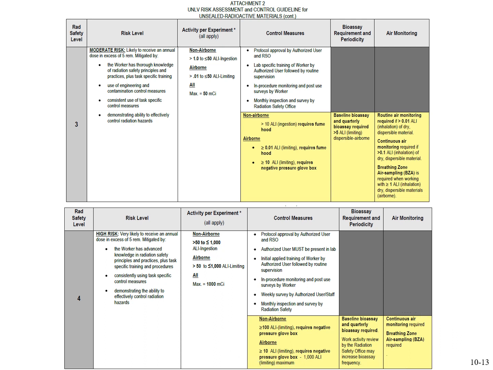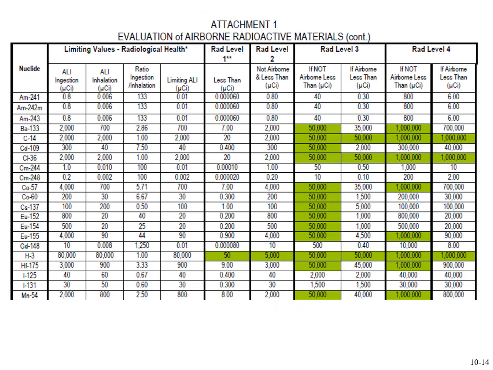So all this data is available, and one can use it to determine the risk levels or rad safety level for the experiment one is interested in performing. Data is also shown here for radionuclides that we frequently work with: the ALI ingestion level, ALI inhalation level, and then the rad levels associated with a given activity, and the activity is listed in microcuries.